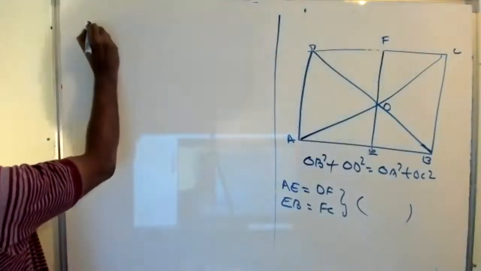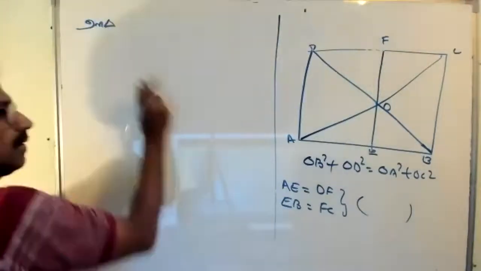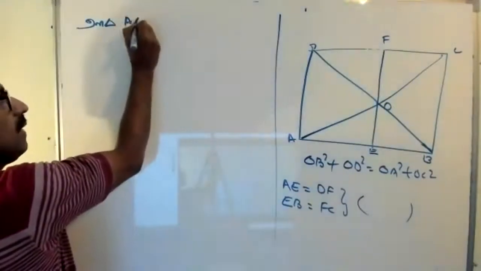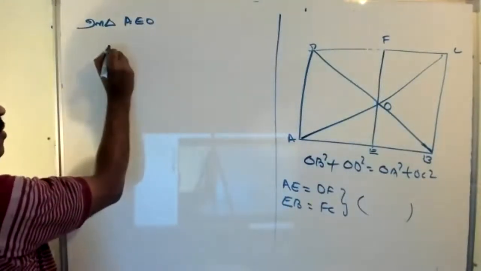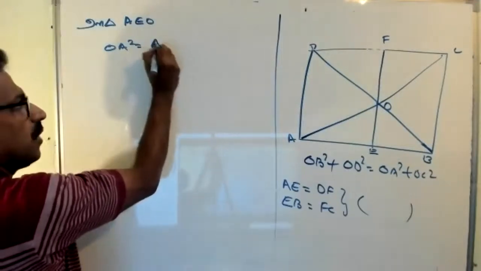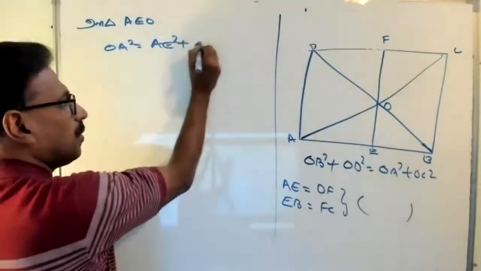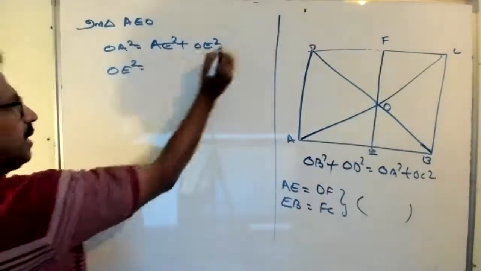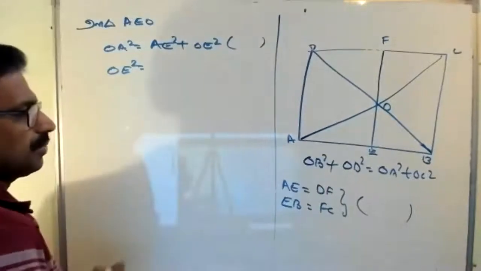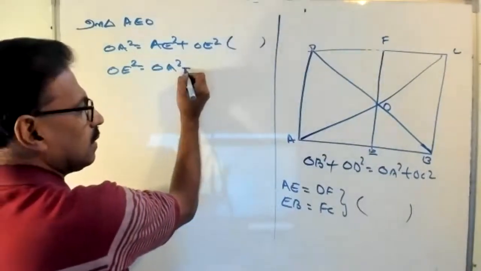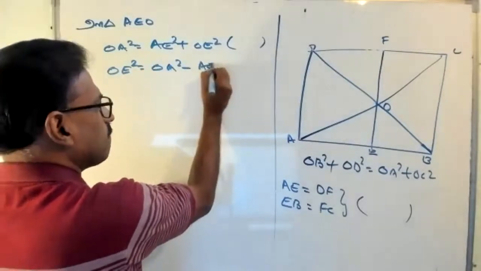Now look at here. In triangle AEO, OA square equal to AE square plus OE square. Therefore, OE square equal to OA square minus AE square.